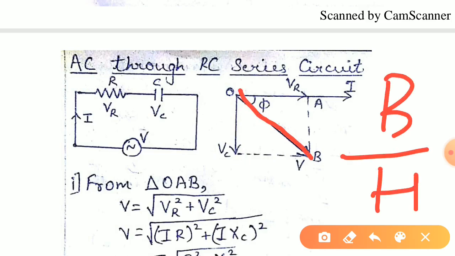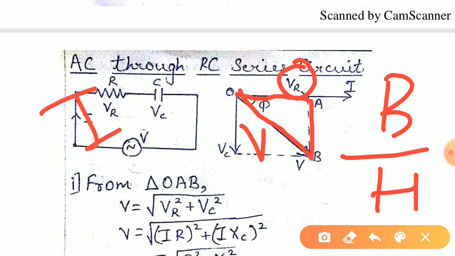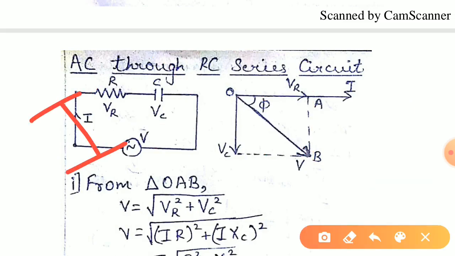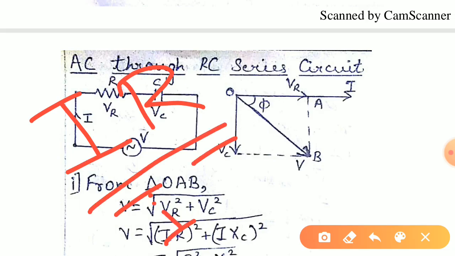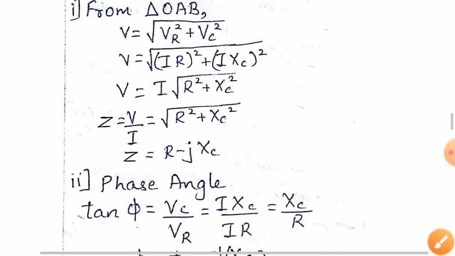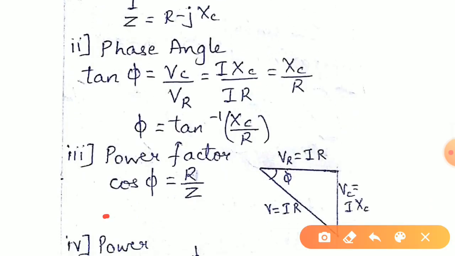So in the right angled triangle, base is VR and hypotenuse is V. Value of VR is I into R and value of V is I into Z. By cancelling I, we have R by Z. So cos phi is R by Z.